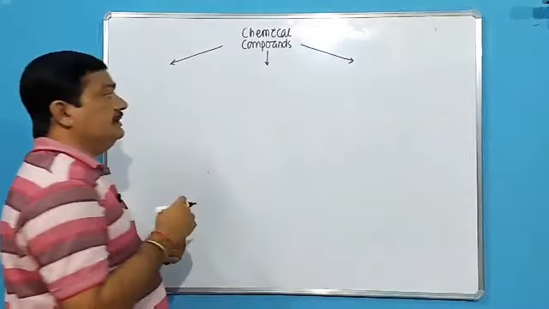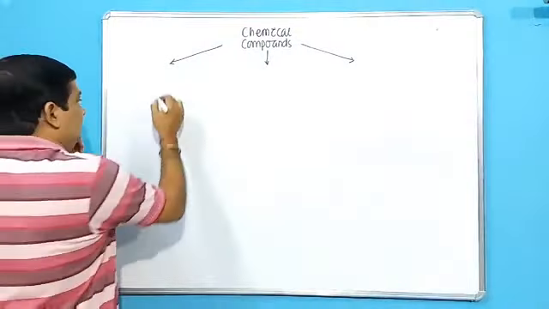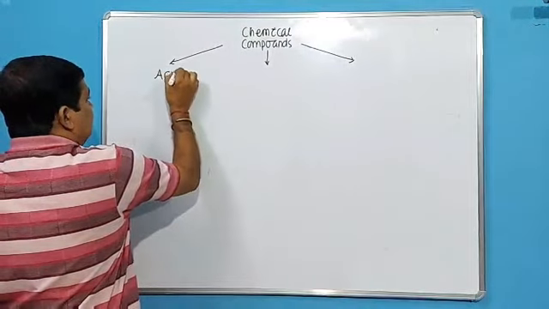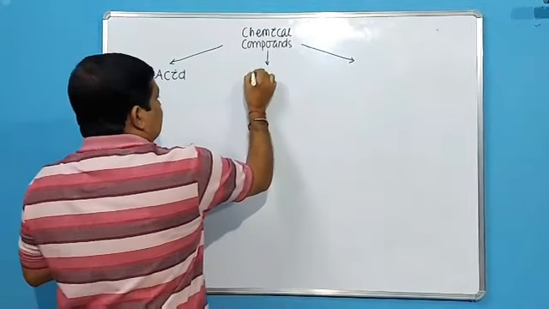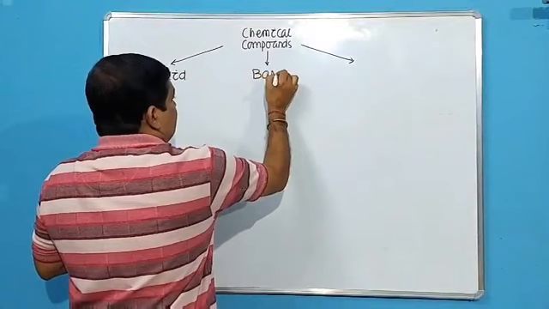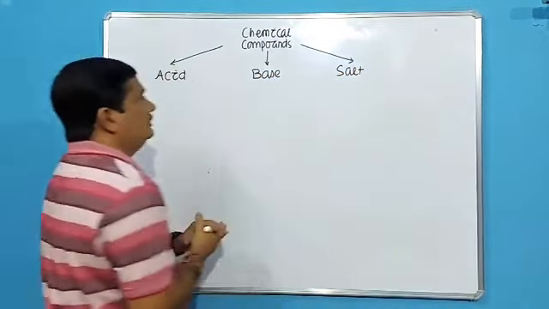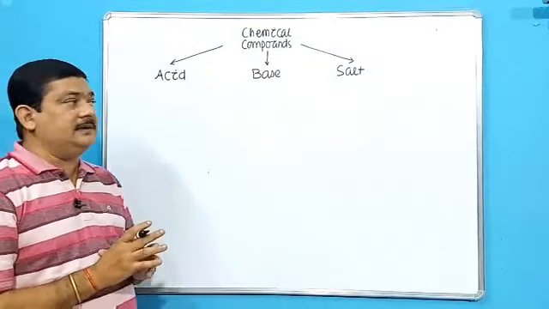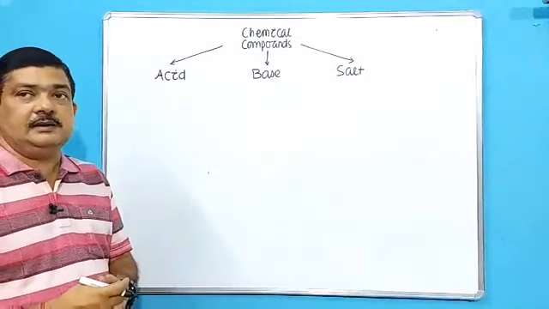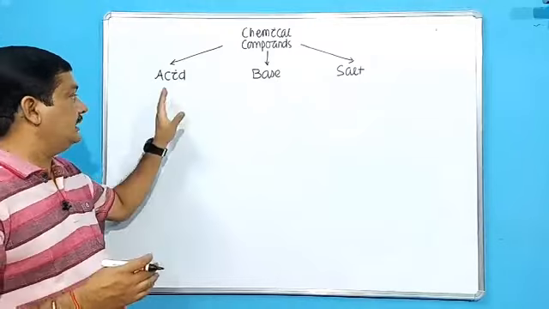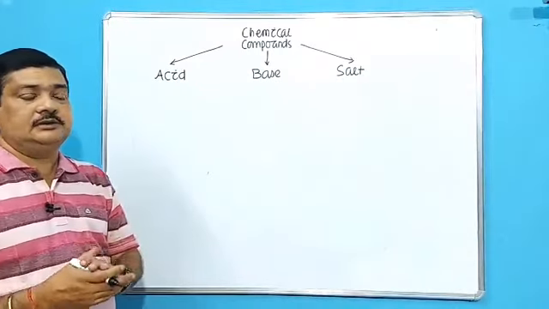They are divided into 3 parts, namely acid, base and salt. So they are called acid, base and salt.